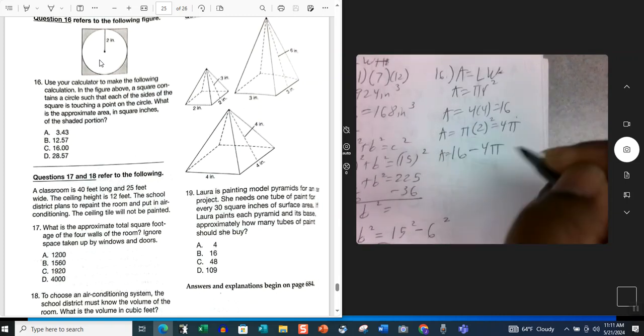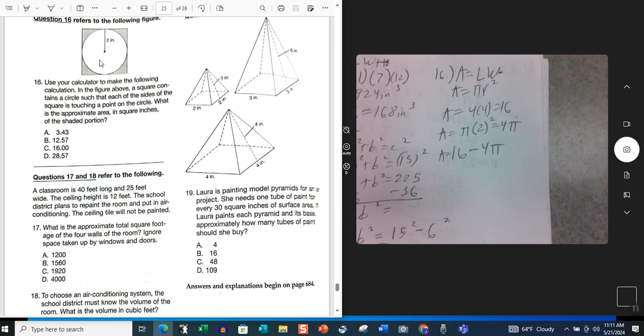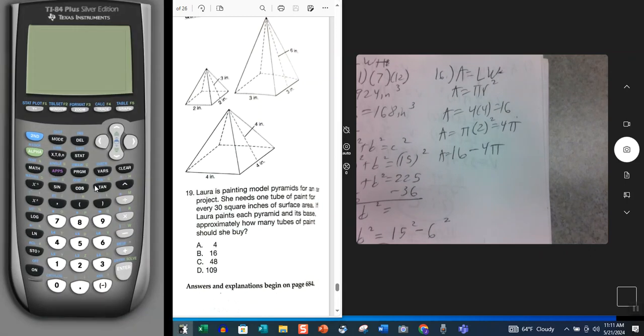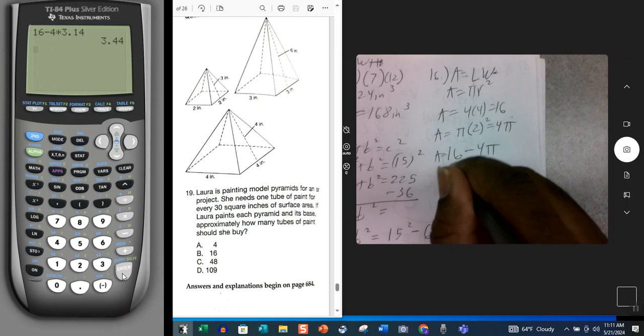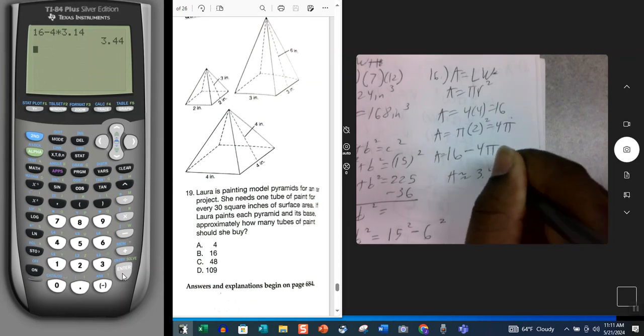So we will find the area of the shaded region by doing 16 minus 4 pi, and we can make pi 3.14. So we will have 16 minus 4 times 3.14. So that would give us approximately 3.44. So the area would be approximately 3.44.